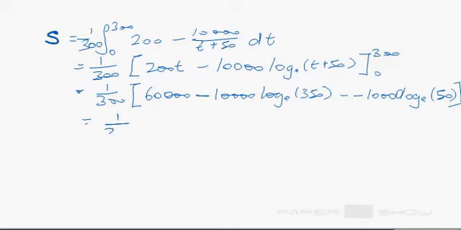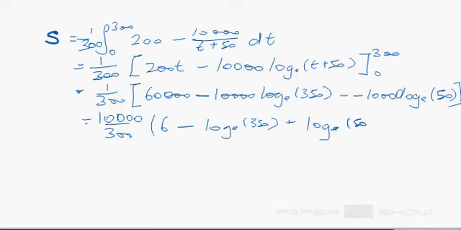So simplify that out for yourself, and I'm going to take 10,000 out of that bracket. Inside we've got 6 minus log of 350 plus log of 50.